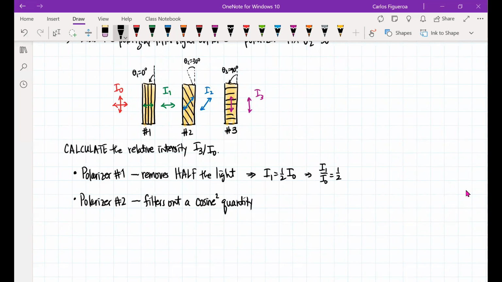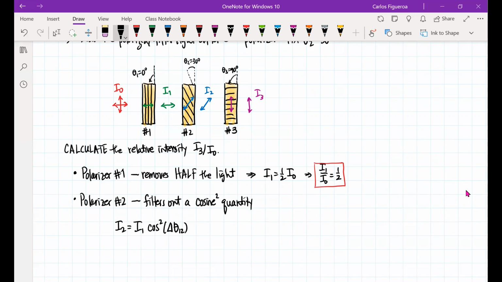So what do I mean by that? By the way, I should be boxing these because we're going to need them. If I filter that out, it turns out that the intensity 2 related to the intensity 1 is the cosine squared of the angle between the two filters, theta 1 and theta 2.